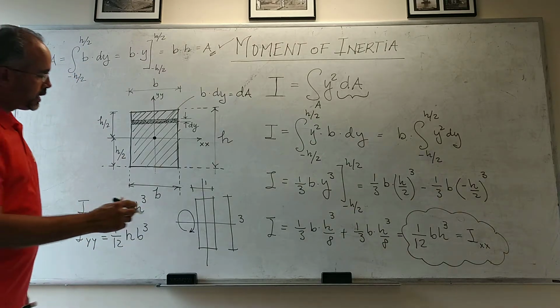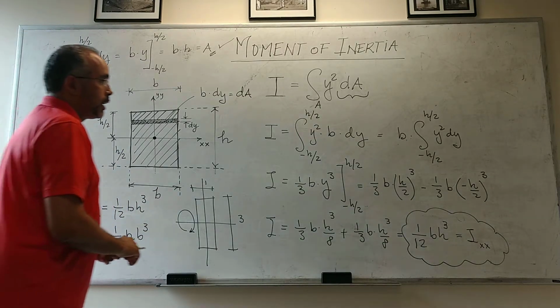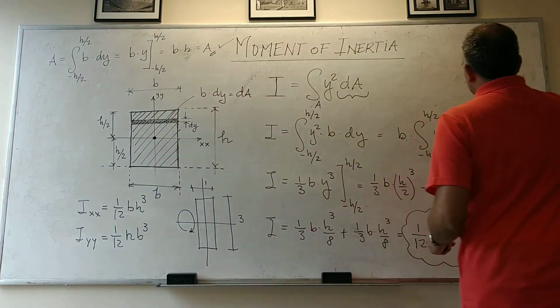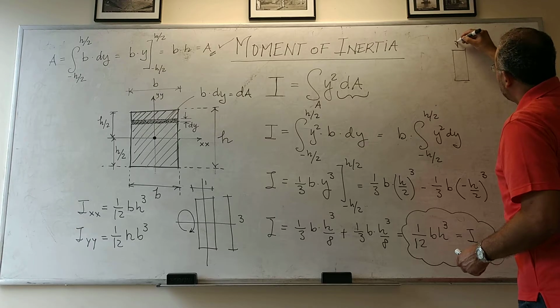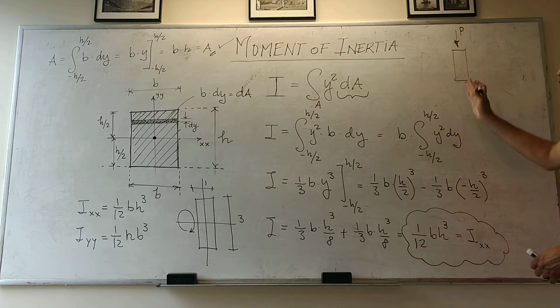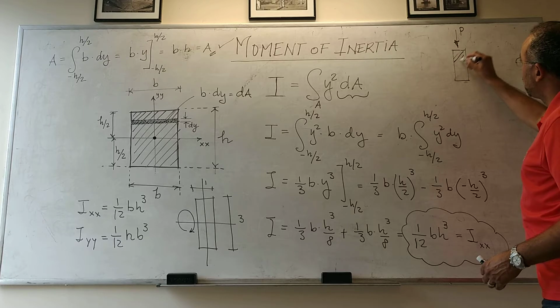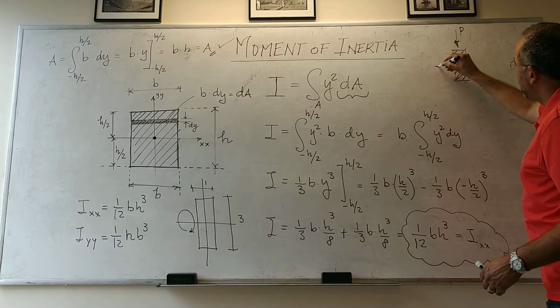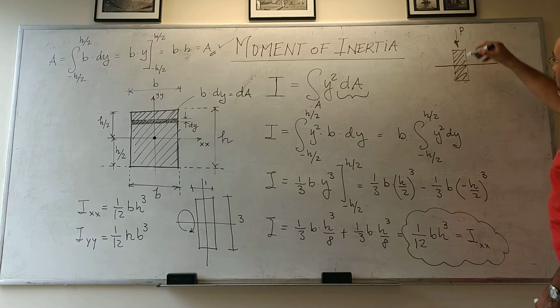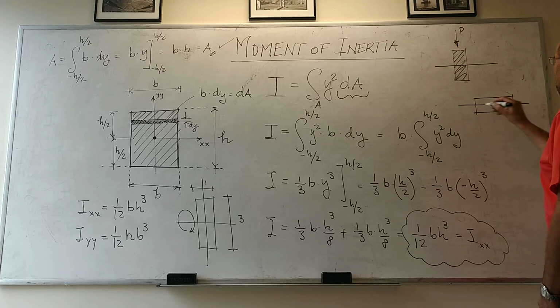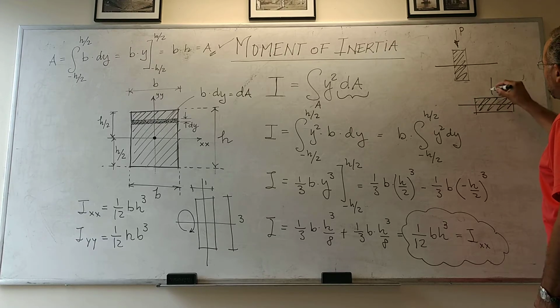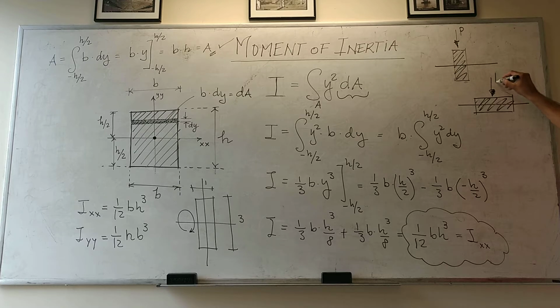So if you have to resist loads that are being applied on the beam like this, which create bending around this axis, you are much better off using the beam in the vertical direction as opposed to using the beam like this in the horizontal direction. So this is the best option.